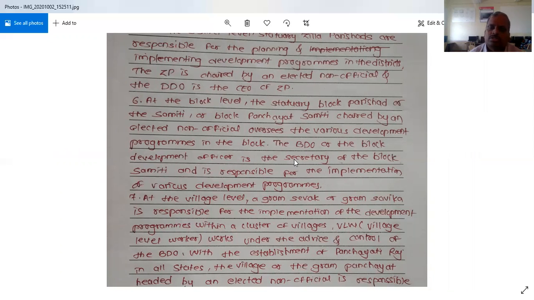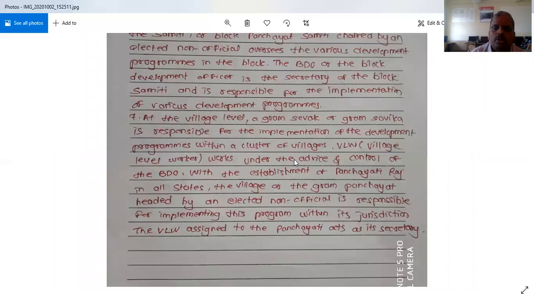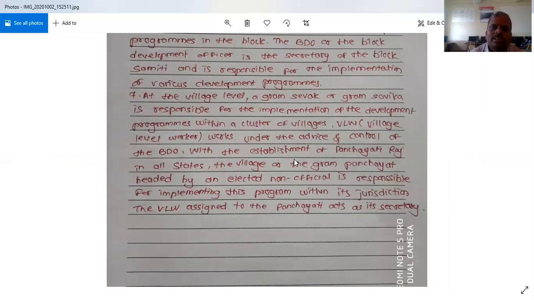The BDO or the block development officer is the secretary of the block Samiti and is responsible for the implementation of various development programs. So the BDO plays a very, very important role in the development of our rural areas.